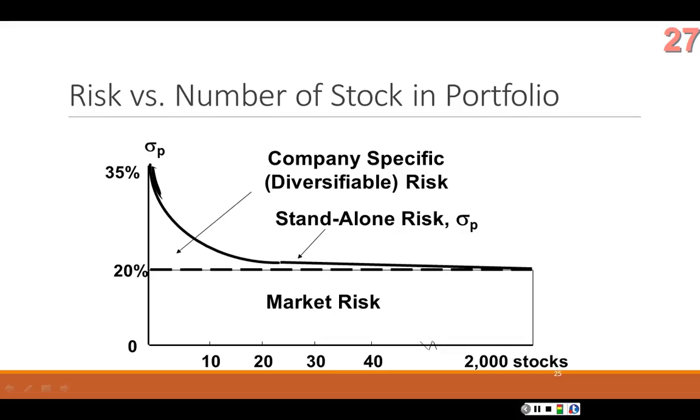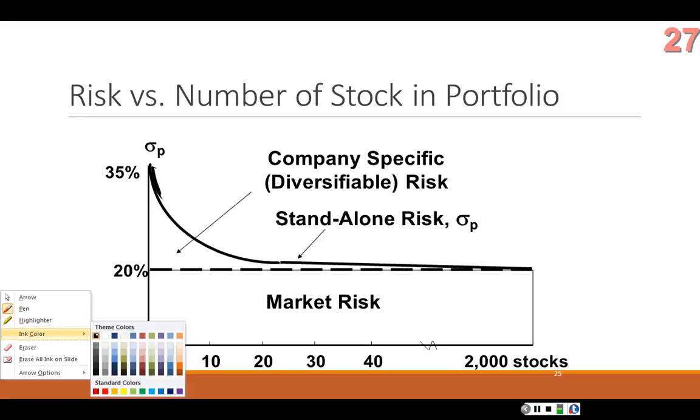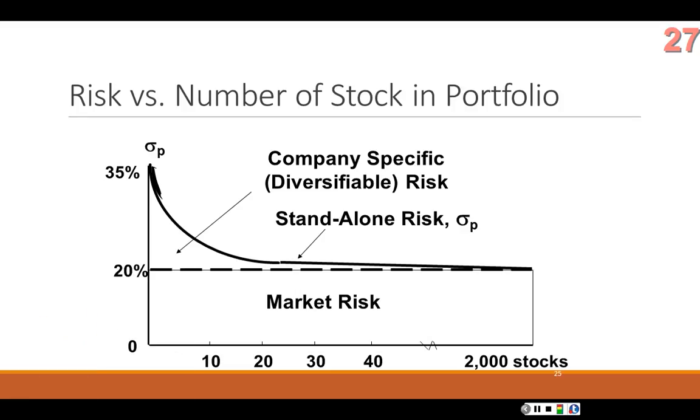So this line shows us the amount of risk, the standard deviation of a portfolio, and how that changes with the addition of more stocks. You see that it approaches a horizontal line. This horizontal line right here represents the level of market risk.